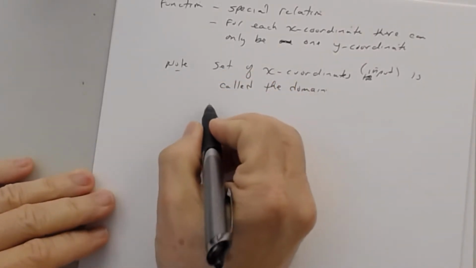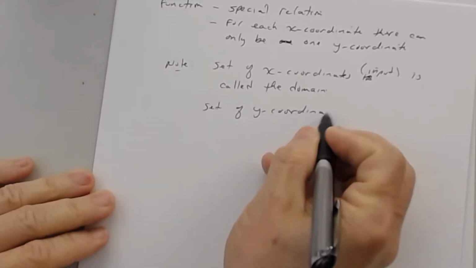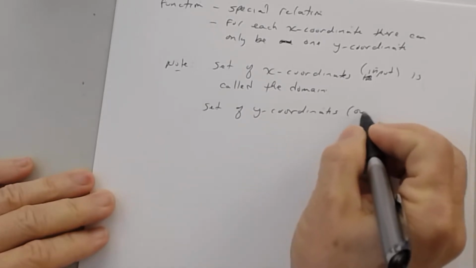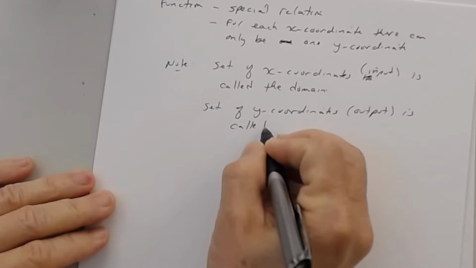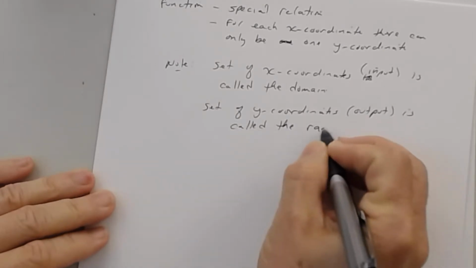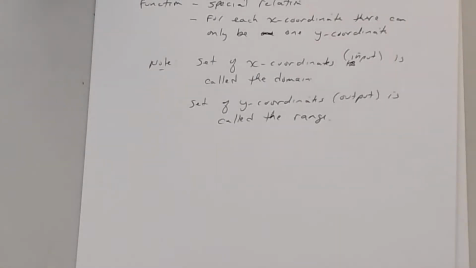Set of y coordinates. So the set of y coordinates, which we'll call the output, is called the range. All right. So the set of x coordinates is called the domain, and the set of y coordinates is the range. Knowing those things will get you through most of this handout.